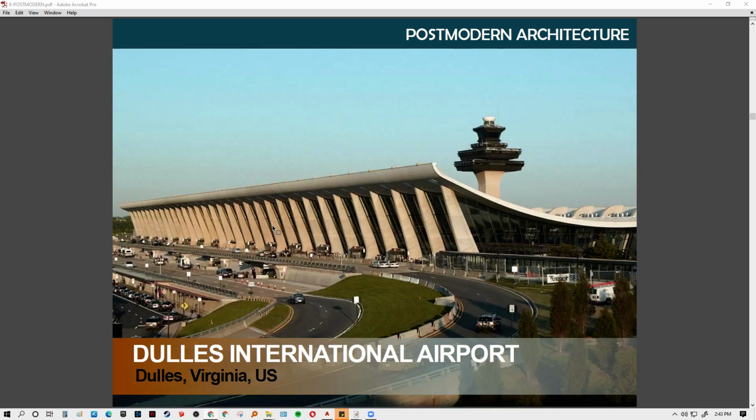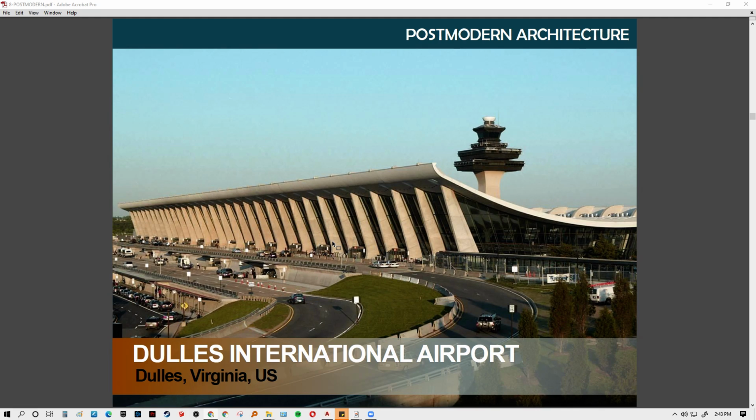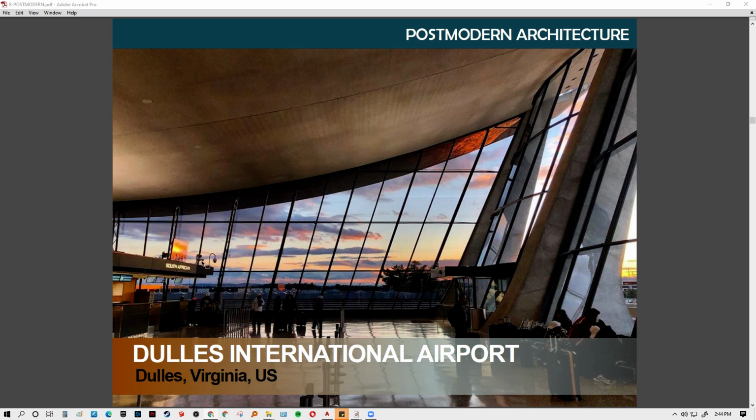So airports are usually designed in this manner in order to let more natural light come in. At the same time, the way that the wall is leaning gives a lot of space for the roof to shade. And considering the orientation, so that's how you will design one in the future.